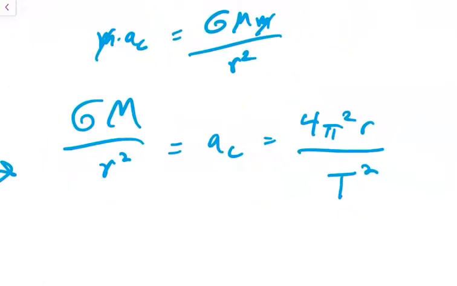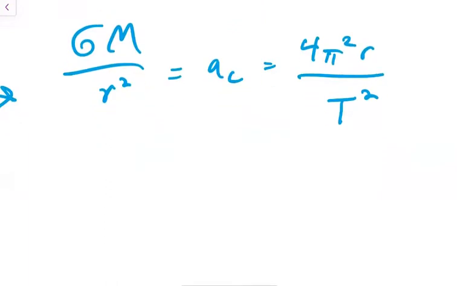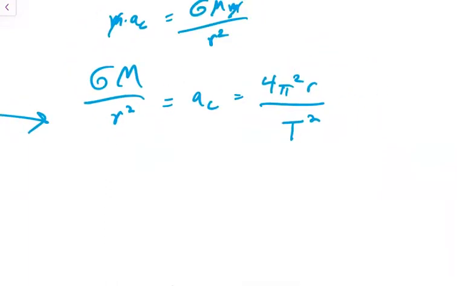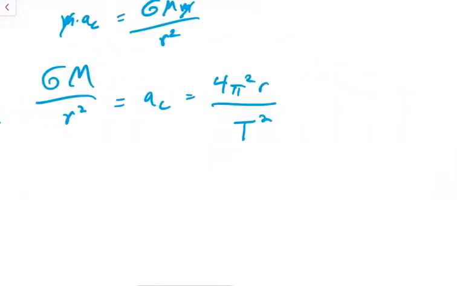Now you can see we want to find a way to get from T squared is equal to something times r cubed. And I see an r squared in the denominator on the left side and an r in the numerator on the right side. So I'm going to multiply that over, and I'm going to find that G M is equal to 4 pi squared r cubed over T squared.